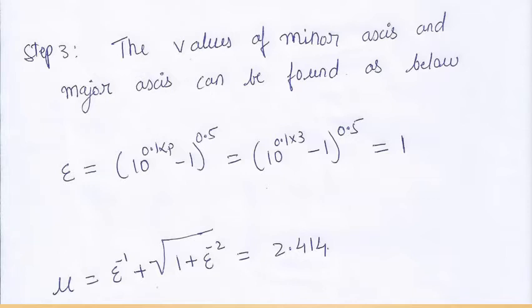First, we need to calculate the value of epsilon, and epsilon is given as 10 raised to 0.1 multiplied by alpha p, minus 1, the entire term raised to 0.5. Once we substitute the value of alpha p, we get epsilon as 1.